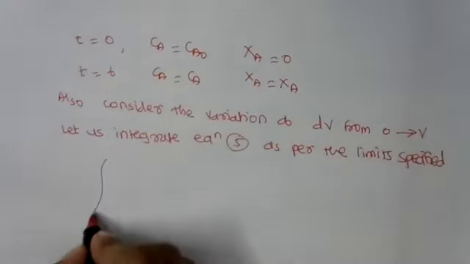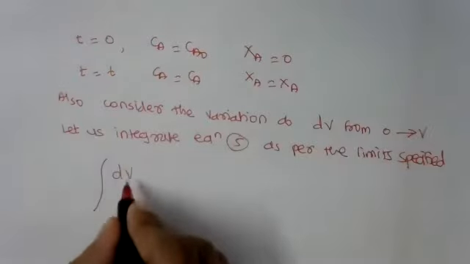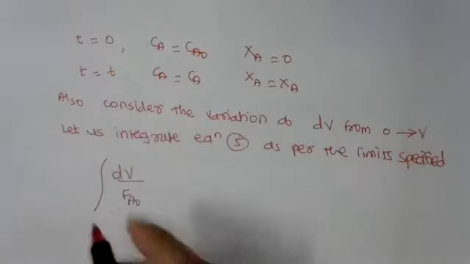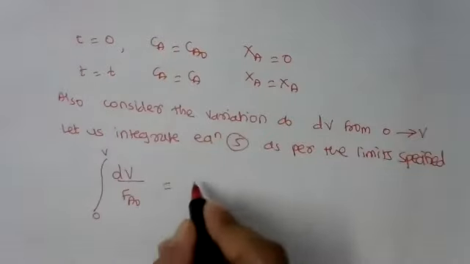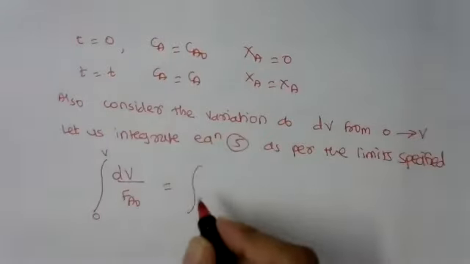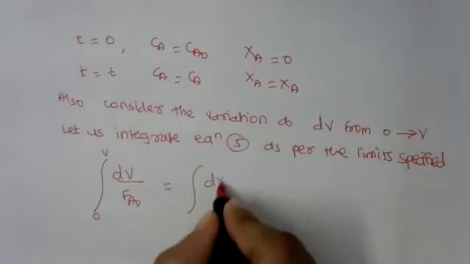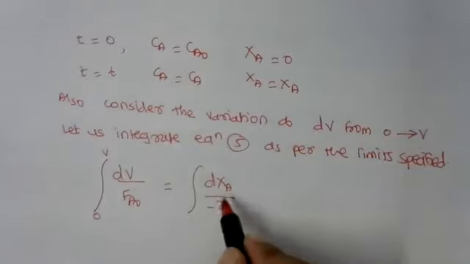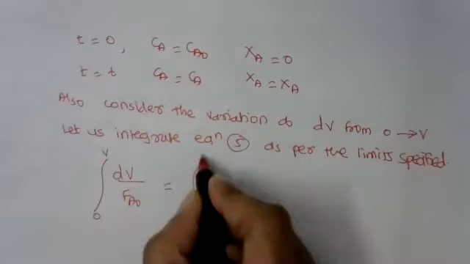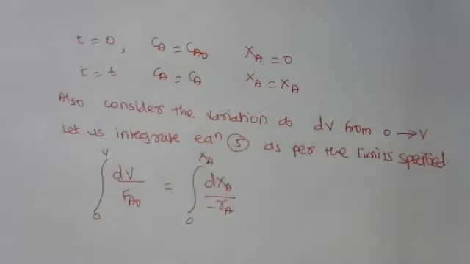So the integration of dV upon Fa0, where volume varies from 0 to V, is equal to the integration of dXa upon minus Ra. Now since the variable is conversion, we'll consider the limit as 0 to Xa.